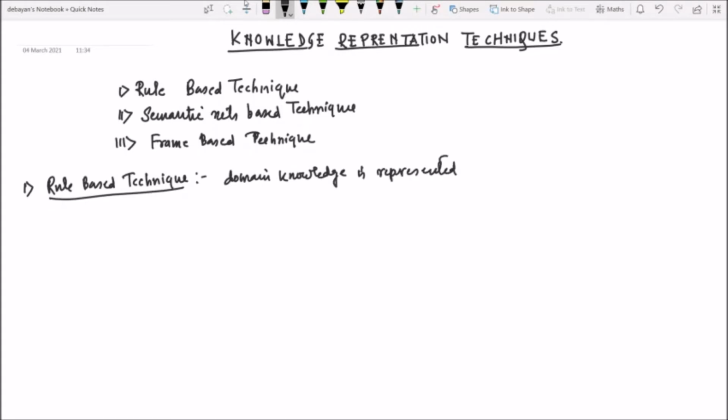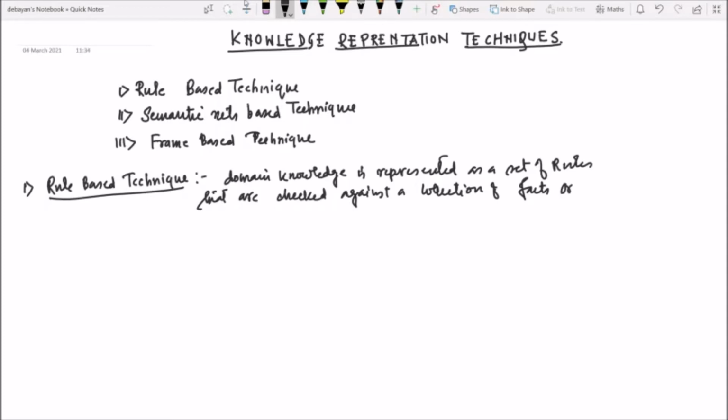Here the domain knowledge is represented as a set of rules that are checked against a collection of facts or knowledge about the current situation.